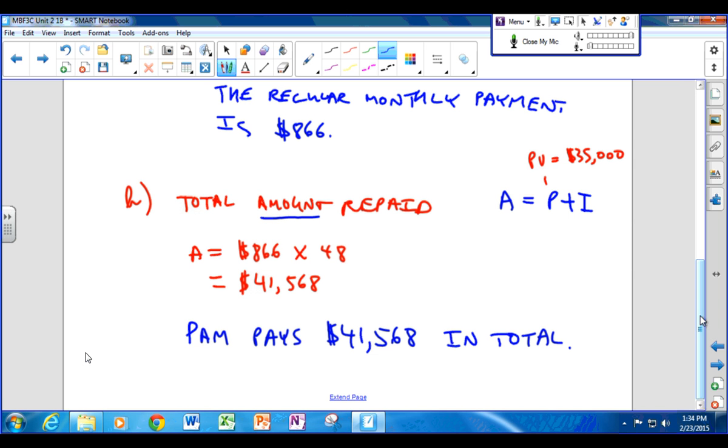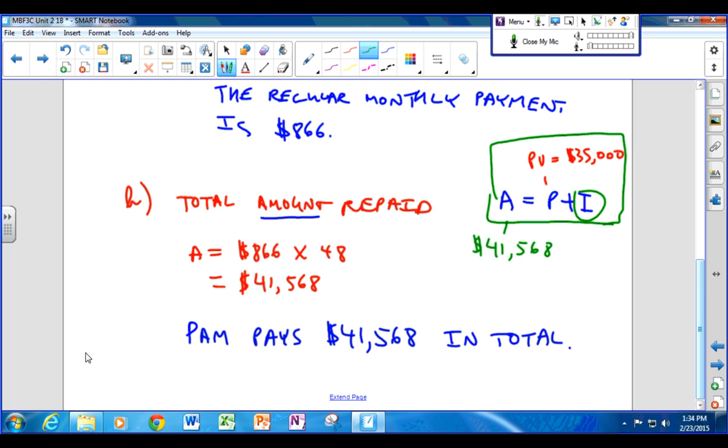And then the third question is how much interest is paid? Well, we can be very clever now because we know two of the three variables in this equation, don't we? The amount, we have it right here, it's $41,568. So look at that. All we need to know is the I.